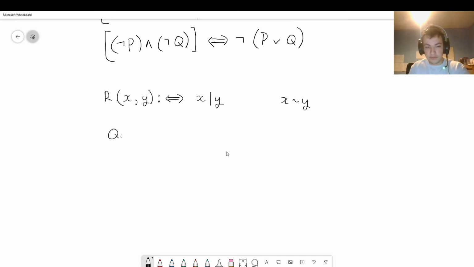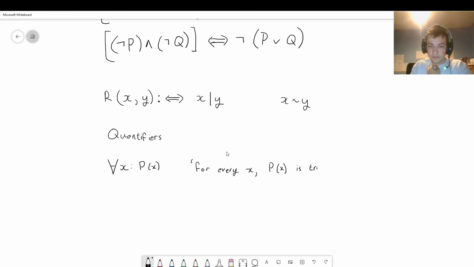Okay, so quantifiers. So we have for all x, P of x. This is a mathematical statement that says for every x, P of x is true. Okay, so that's what the for all means.